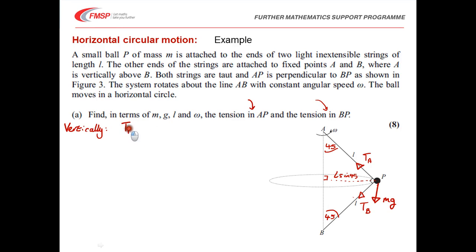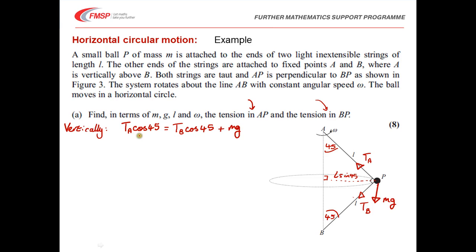Upwards we have a component of TA, which I'm going to say is TA cos 45. That must completely be balanced by TB cos 45 plus mg in the downward direction. I'm just going to do a little tidy up on that.